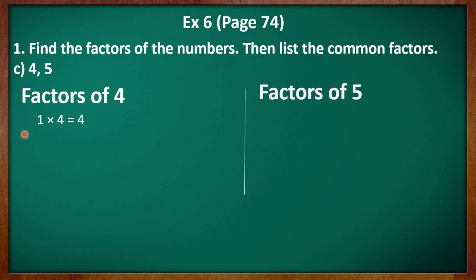Now we will find all other factors between 1 and 4. We already did this in the previous part and we found that 2 multiplied by 2 is equal to 4 will give us the factor 2. So we may say that factors of 4 are 1, 2 and 4.